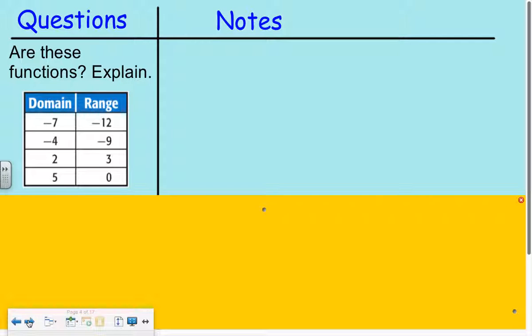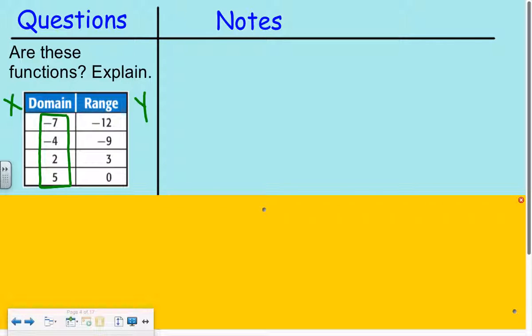All right, now we're going to move from graphs to tables to determine whether or not these tables display a function. So now we're no longer going to use the vertical line test. The vertical line test is only for a graph. Now for a table, we have to look at our x values, which is our domain, and our y values, which are our range. Remember, from the vocab, for every x value, there can only be one y value if it's a function. So what you're going to do is you're going to look at your x values.